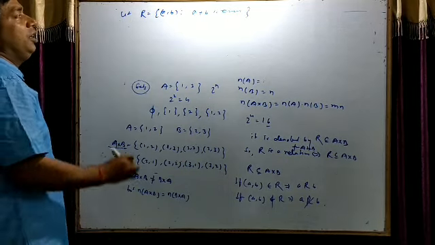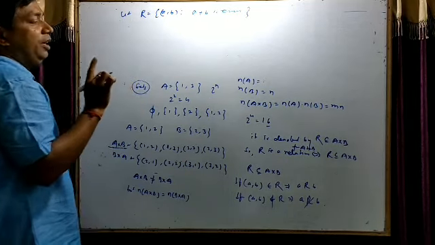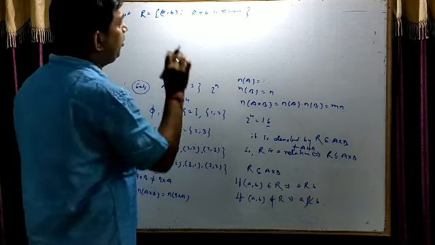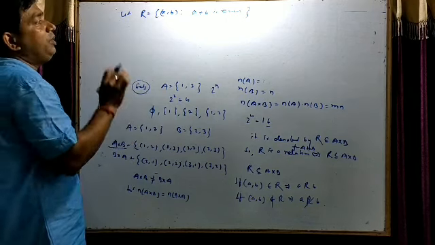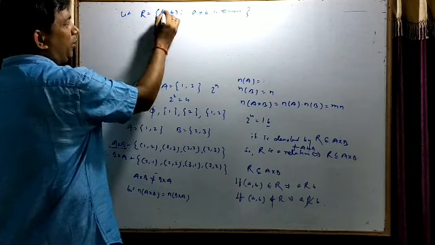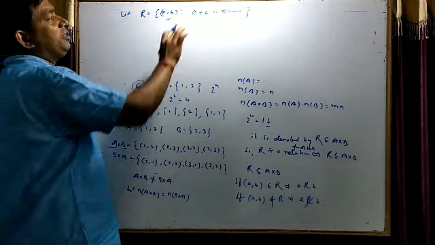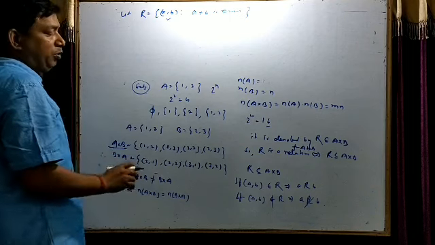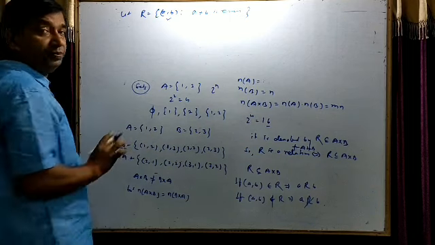What is it? R is a relation defined from A to B, and from there we have to collect those ordered pairs which satisfy this condition, where we take the elements from A and B.